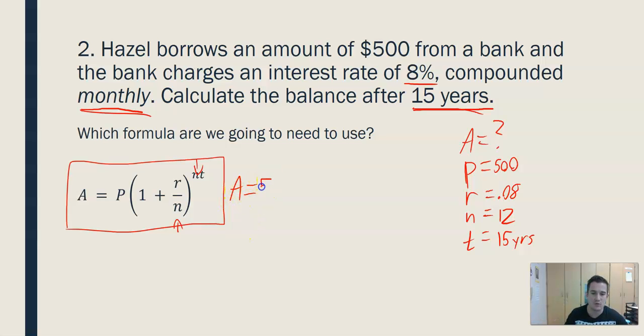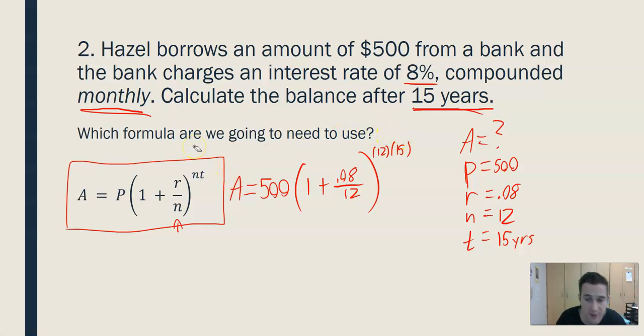So A equals 500 times, parentheses, 1 plus 0.08 divided by 12, all to the 12 times 15 power. n times t, 12 times 15. So there it is. Again, you can type this straight into your calculator. I'd make sure and put parentheses around this too.